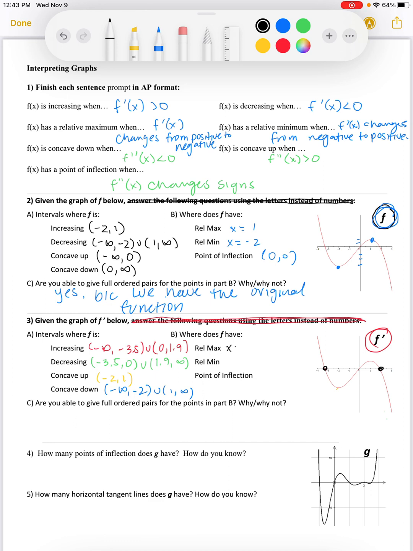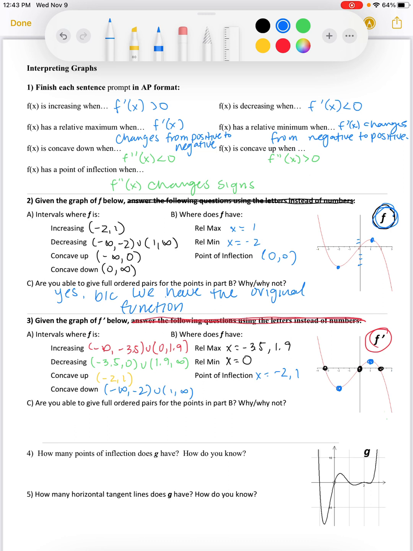So that would be at x values of -3.5 and 1.9. Then we'll have a relative min when it's going from negative to positive, and so that would be an x value of 0. And then the points of inflection are where our slopes are changing. So our slopes are changing from decreasing to increasing at -2, and then also again at 1.